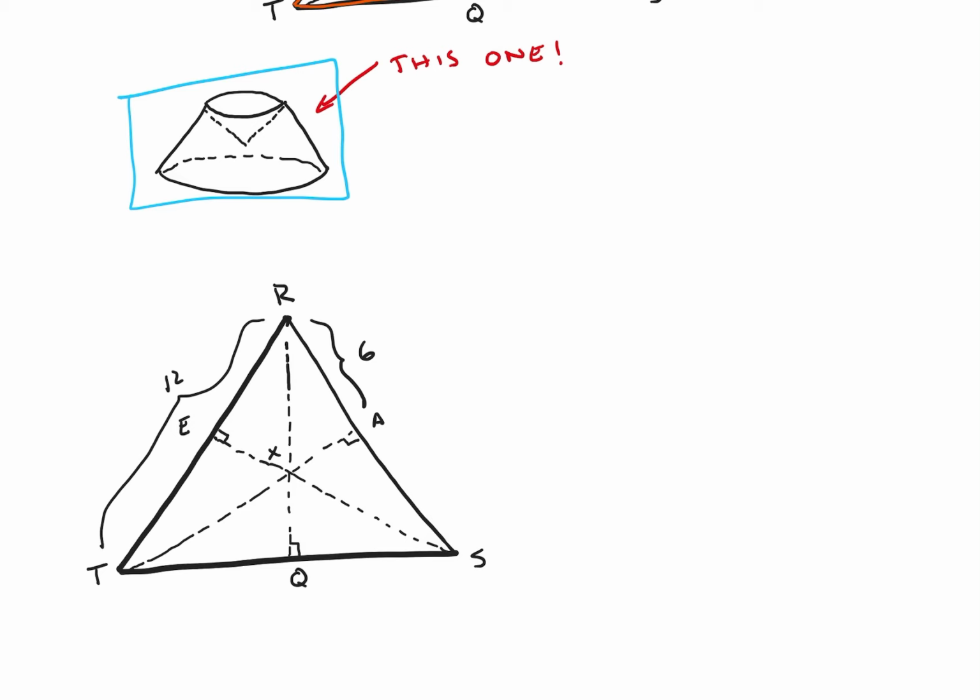We notice that we have this shared angle up here at the top. So the first thing I want you to notice is that we have two similar triangles here. So I have a right triangle here that shares this angle at the point R with this triangle here.